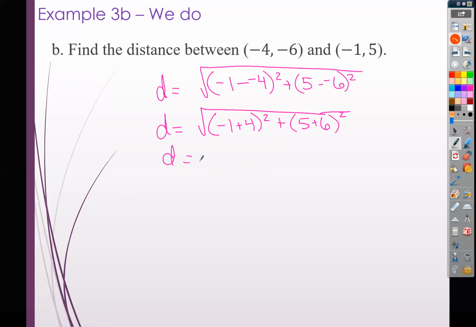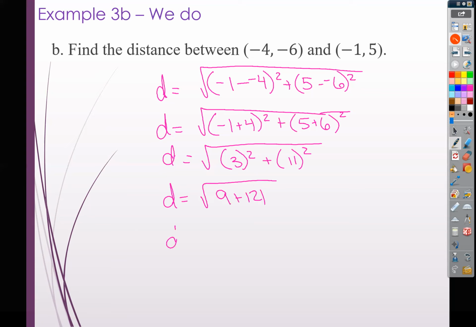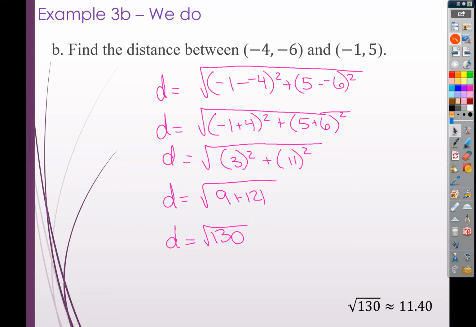So just do the math. So I get 3 squared plus 11 squared. So I get 9 plus 121 equals the square root of 130, and you can't really do anything with that, so that is your final answer. And again, if they want it in decimals, you could just do that in your calculator.